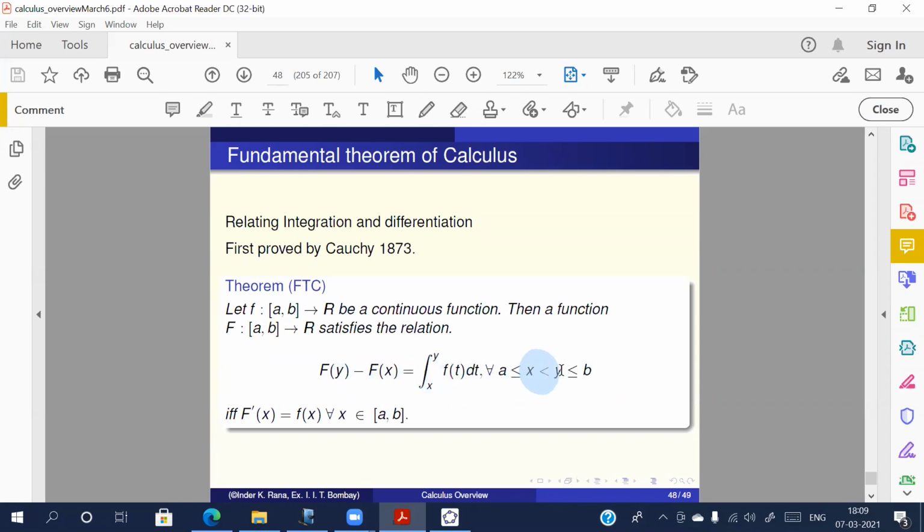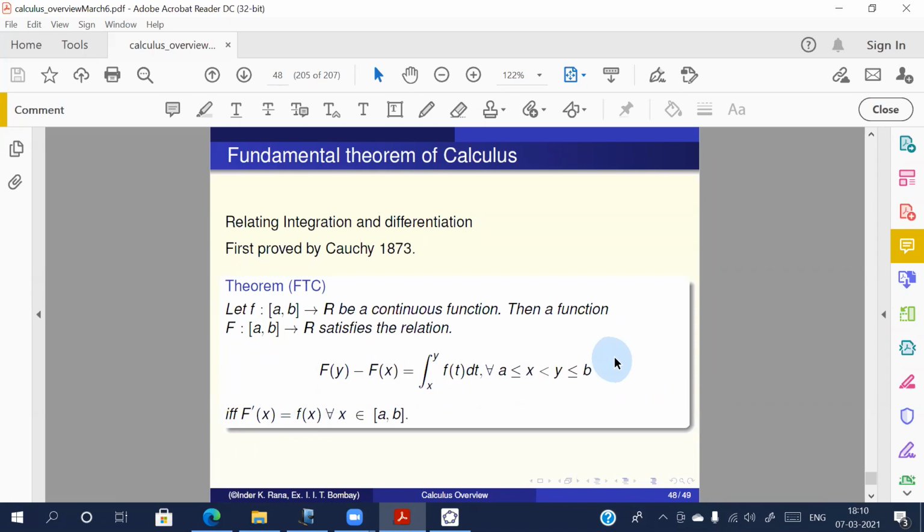So this relation holds if and only if capital F is differentiable and its derivative is small f. The derivative of the integral is the integrand. So that is how this relates differential calculus with integral calculus.